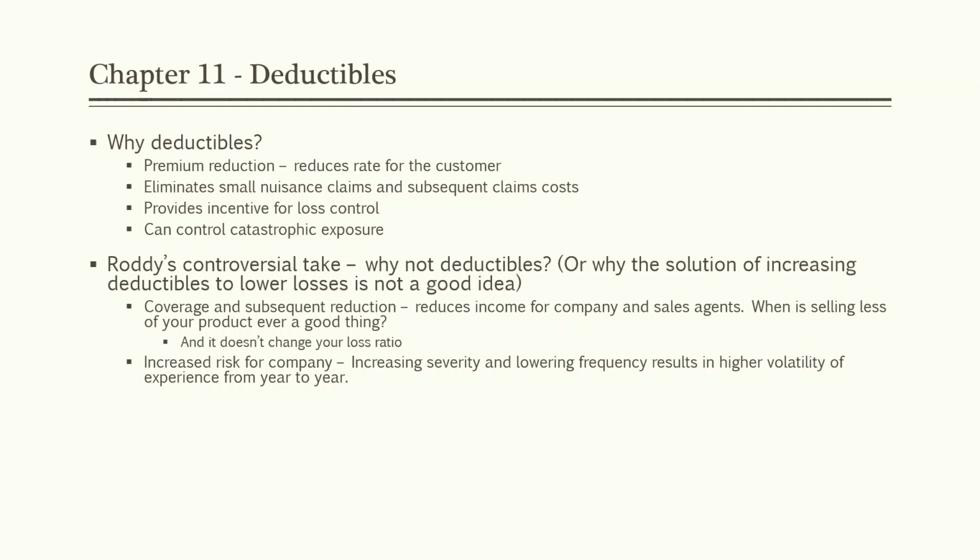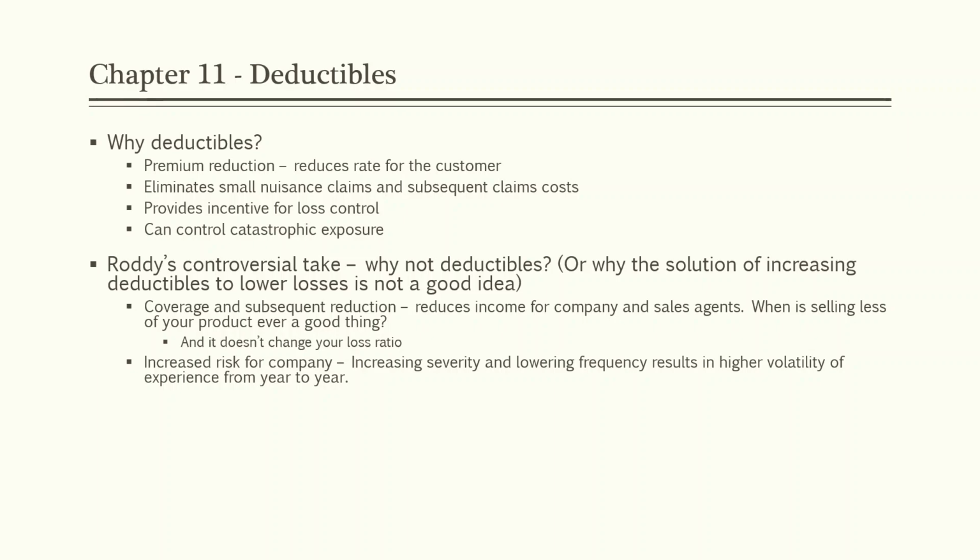So remember when we talked about risk, we talked about underwriting profit provision and how you should have greater profits for higher variance. Well, you're getting rid of a lot of smaller claims. So maybe if you increase deductibles from $500 to $1,000, yeah, you'll get rid of all those $750 claims, say.